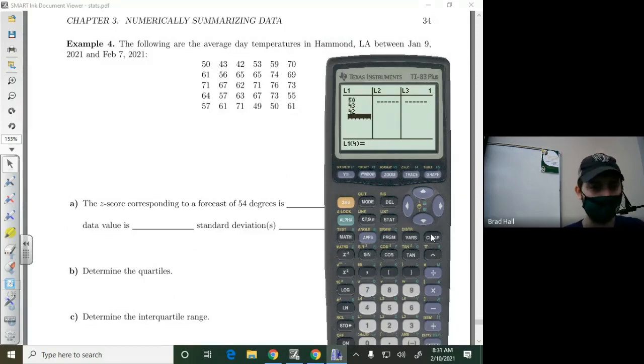For those of you not typing on a calculator, prepare to answer these next questions. 65, 74, 62, 76, 73, 64, 57, 63, 67, 73, 55, 57, 61, 71. 30 values.